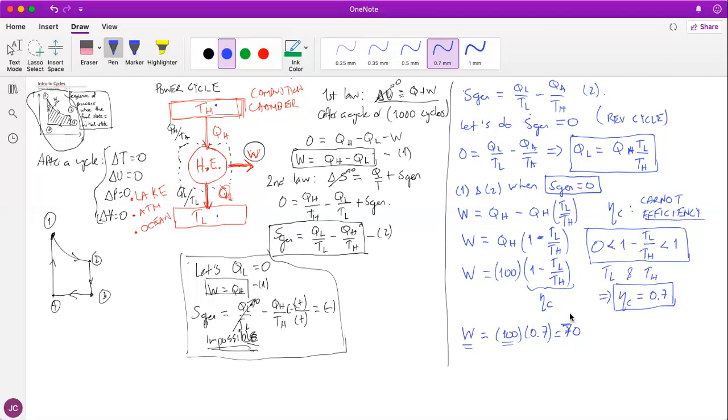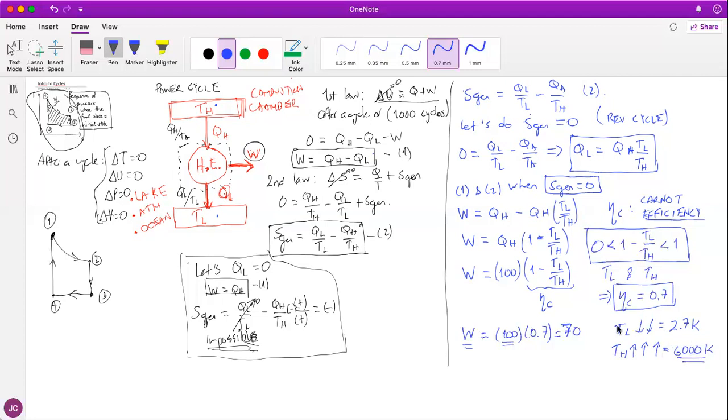The only possible way to take this Carnot efficiency to 1 is to have a really, really low TL and a really, really high TH. For example, take 2.7 Kelvin as outer space, and TH as the surface of the sun at 6,000 Kelvin or something like that.